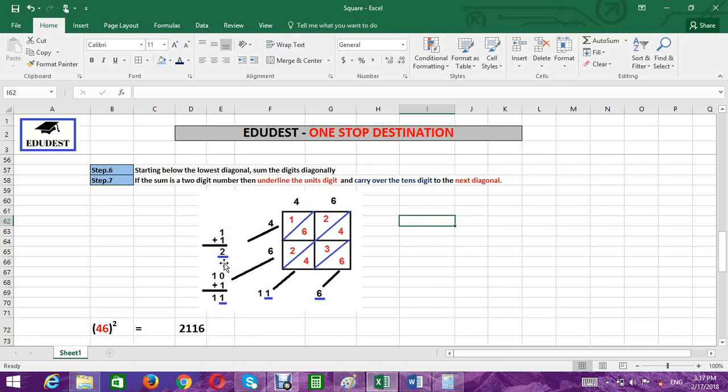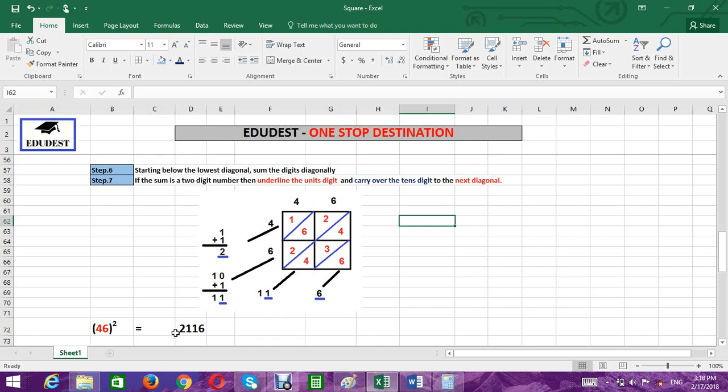Now how to find out the answer? We have to write down all the underlined units digits starting from above. So what should be our answer here?